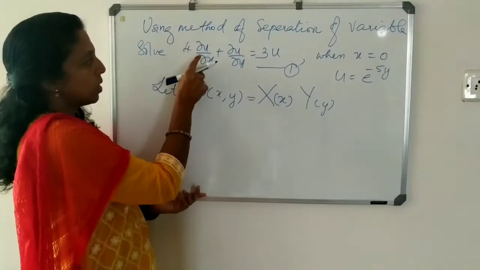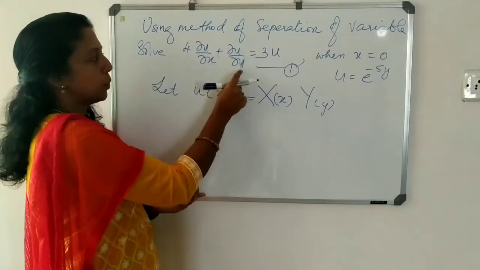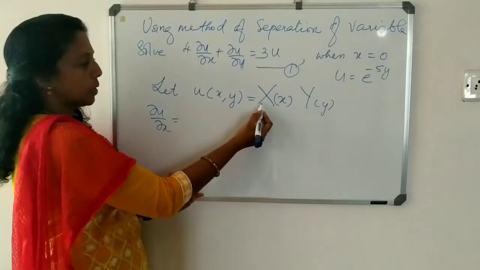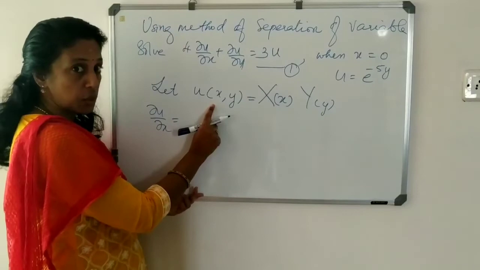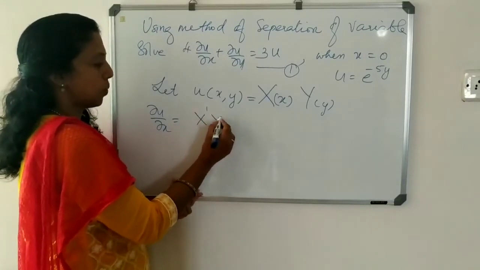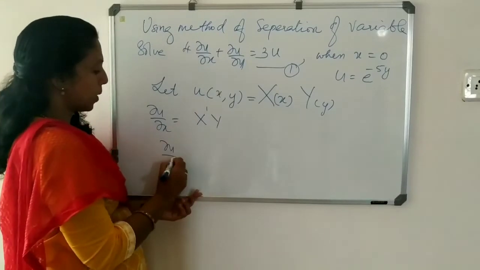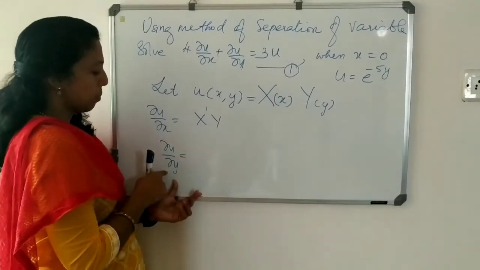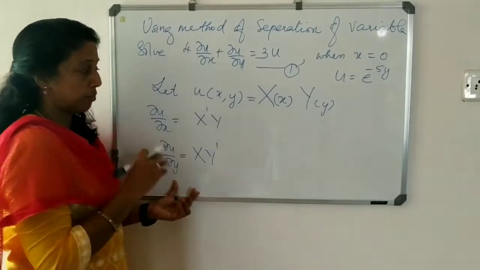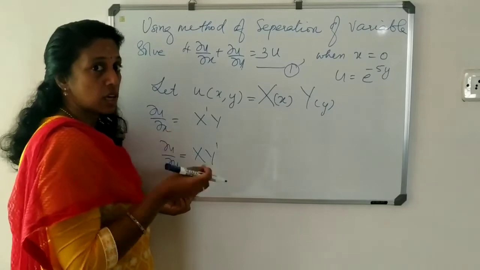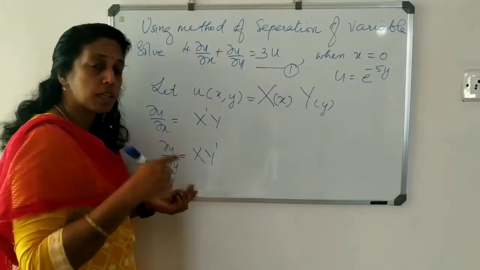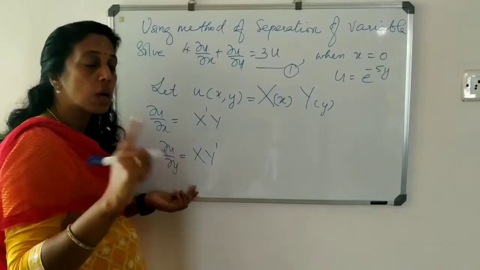Then we need ∂u/∂x and ∂u/∂y. ∂u/∂x is differentiating u partially with respect to x, that is X'Y, and ∂u/∂y is differentiating u partially with respect to y, that is XY'. Remember, when you differentiate partially with respect to a particular independent variable, we have to treat all other independent variables as constants.